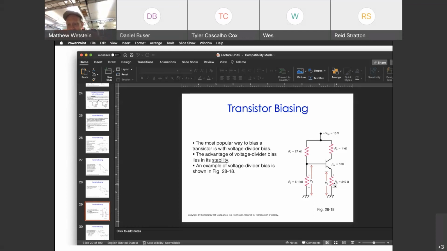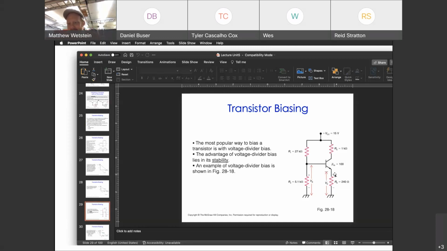Technically, IE, the emitter current, is 1 plus beta times IB, because the emitter has the current that's going, or I think I said it backwards. The collector has beta times the base current. The emitter has beta plus 1 times the base current because it's seeing the collector, it's driving the current through the collector, and it's also receiving the current from the base.